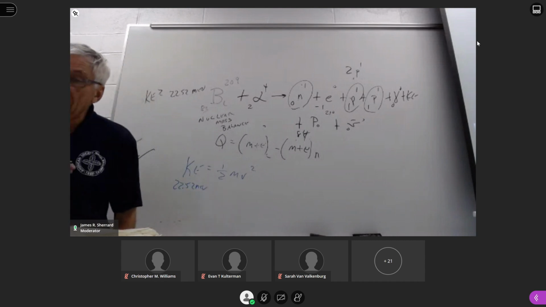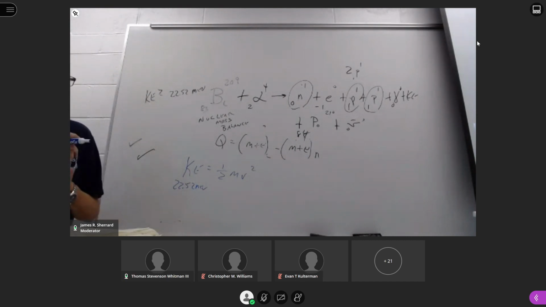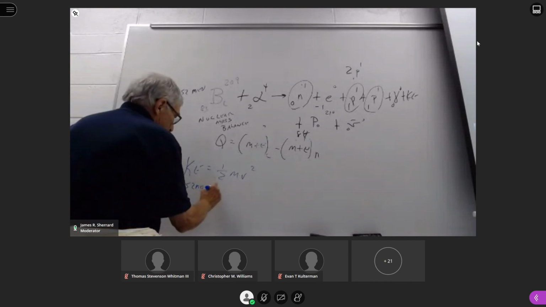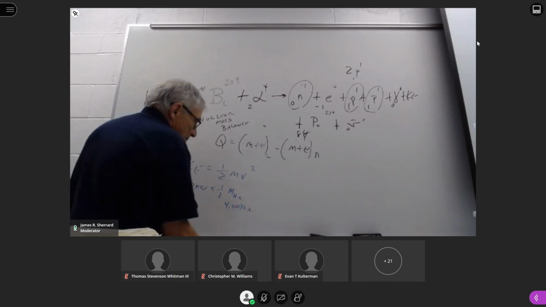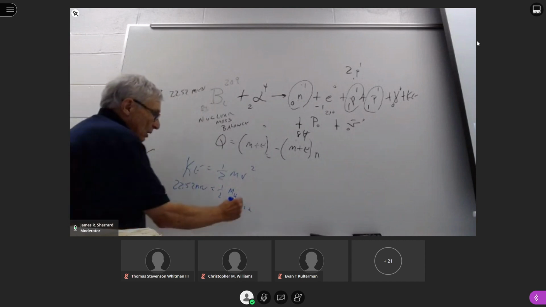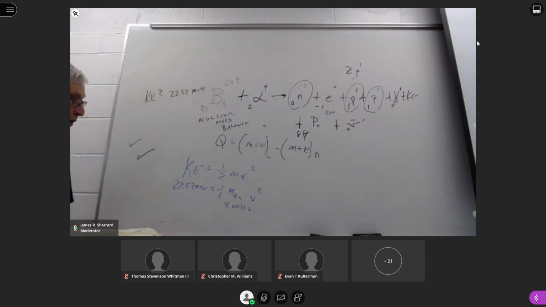We know the mass, and what mass are we going to use? Helium. That's right. So it's going to be 1/2 the mass of our helium, which is 4.0026 AMU, and we're solving for velocity. So we have one equation, one unknown.